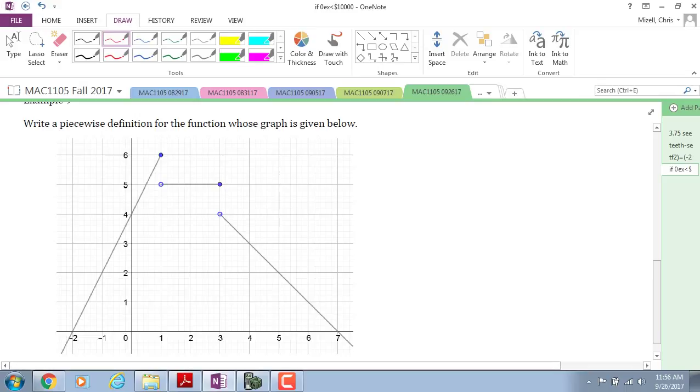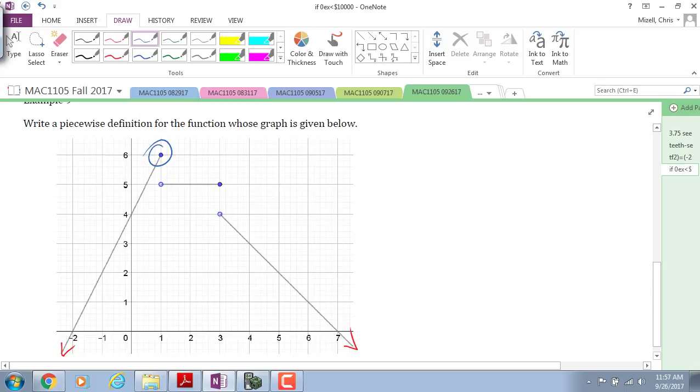Let's look at the piece on the far left. I get the impression that it extends infinitely far down and to the left in the direction that's indicated there. This one, when we get to that piece, we'll assume it extends infinitely far down and to the right. So I believe that this function has all real numbers in its domain. Notice a solid dot right there.